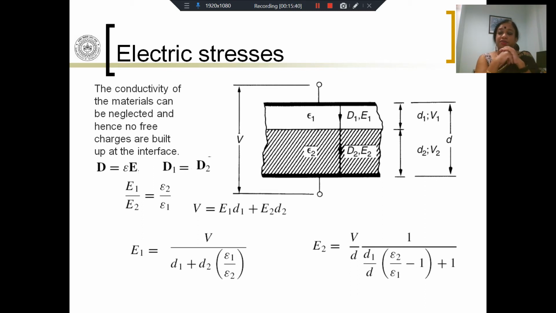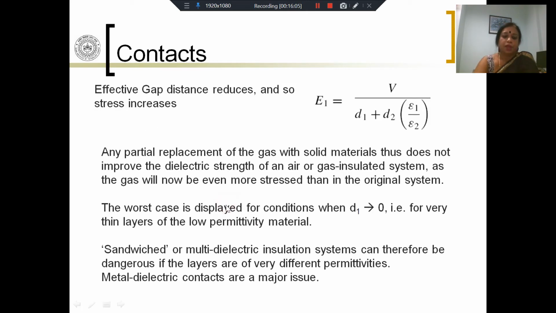So this is very important: even if you do not talk about composite materials, but even if you are talking about homogeneous dielectrics, contacts become very important. The dielectric-conductor contact can become a seed for discharge and ultimate failure because of this reduced effective gap distance. So effective gap distance reduces to this value.